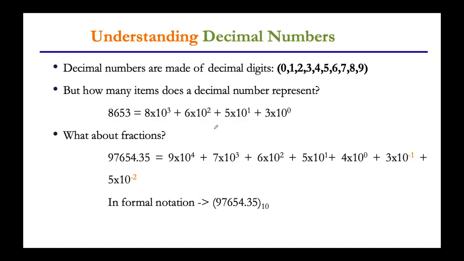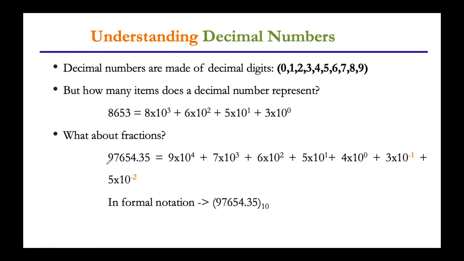What about the fraction part? When it is a positive number and an integer part, every digit is multiplied with 10 to the power of something. But when it comes to the fractional part, the dotted decimal part, it uses negative powers of 10.